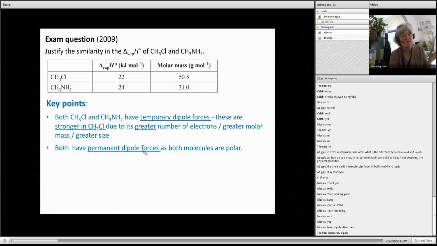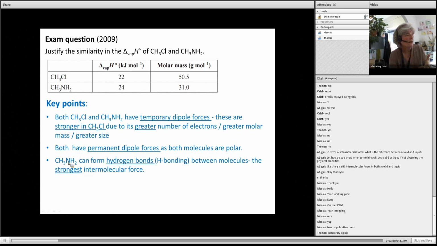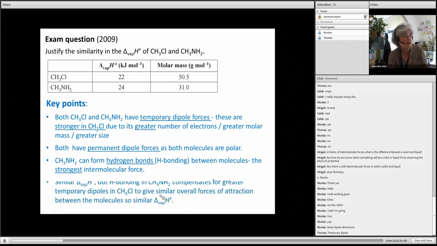Just say that there will be those. And then, of course, you've got to mention that this one has got hydrogen bonding. So really you have to say they're very similar in size, and that's because the amine has got the stronger hydrogen bonding, but the haloalkane has the stronger temporary dipole force of attraction because of its greater mass. So something along those lines.